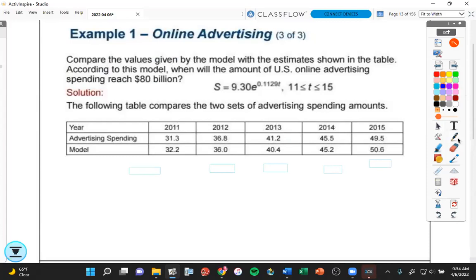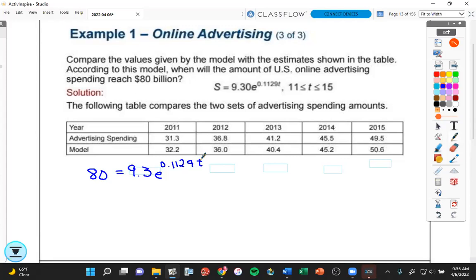So if S is 80, we get 80 equals 9.3 e to the 0.1129 t. Let's solve for t. What should we do? Not yet. Divide by 9.3. You can't do the log until you have the e by itself.